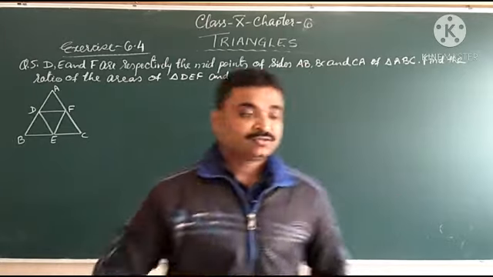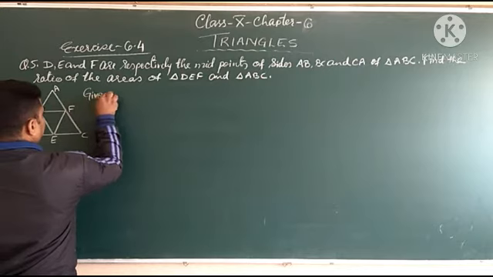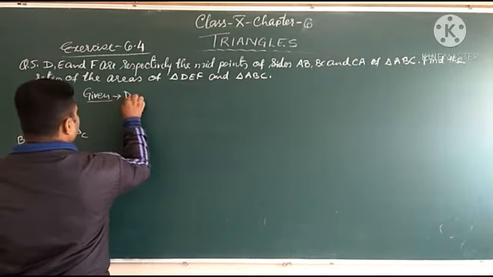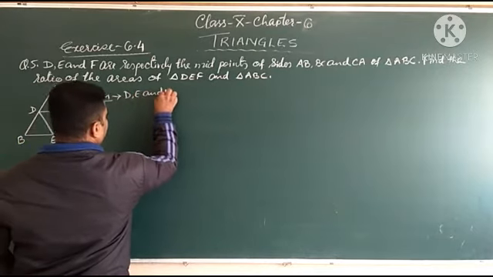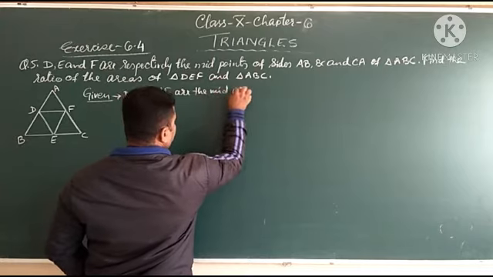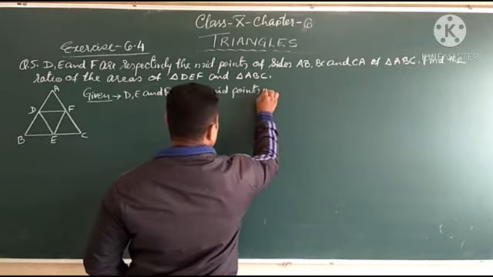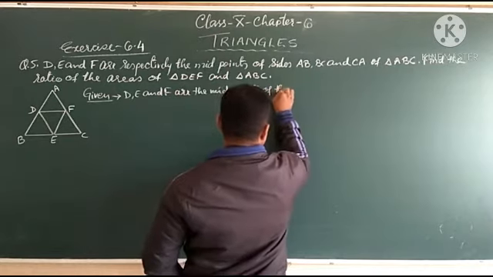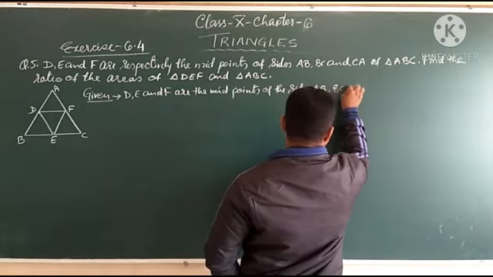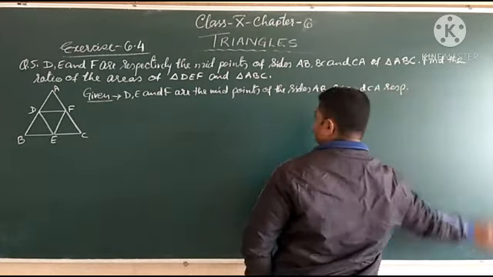Okay? So first of all, let us write what is given. Given: D, E and F are the midpoints of the sides AB, BC and CA respectively.